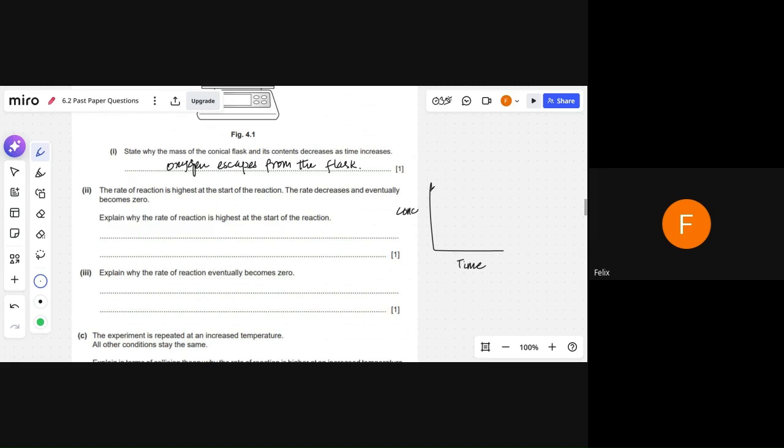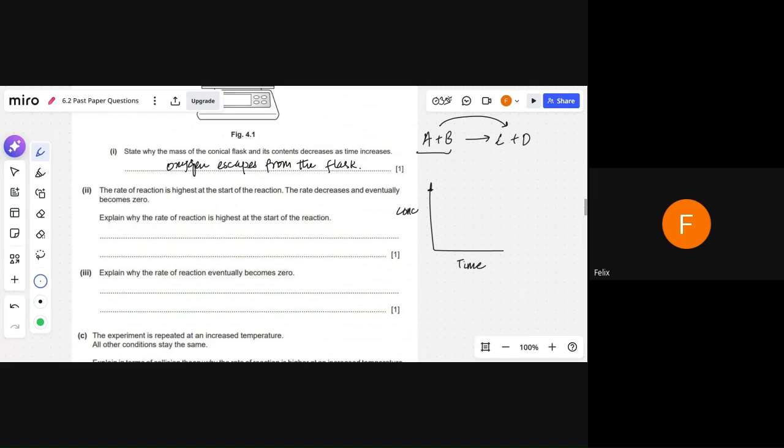Reactants, at the start of the reaction, have their highest concentration, and the products have concentration of 0. For example, A and B are reacting together, and we are about to start this reaction. So we have the highest concentration of A and B at the start.